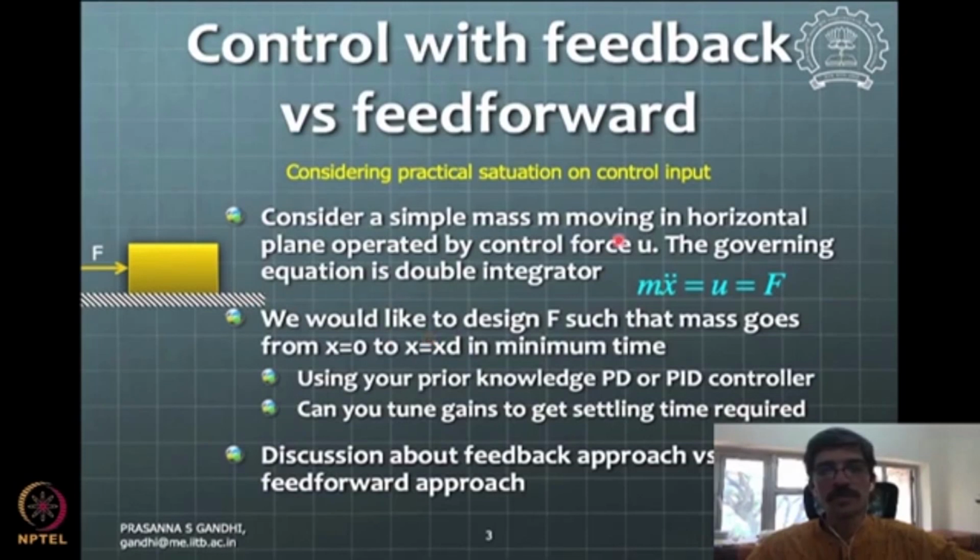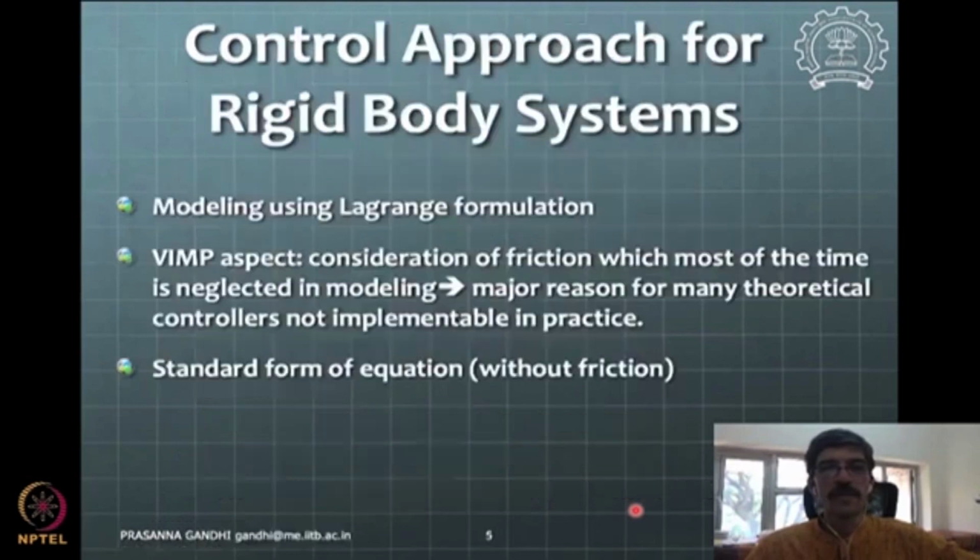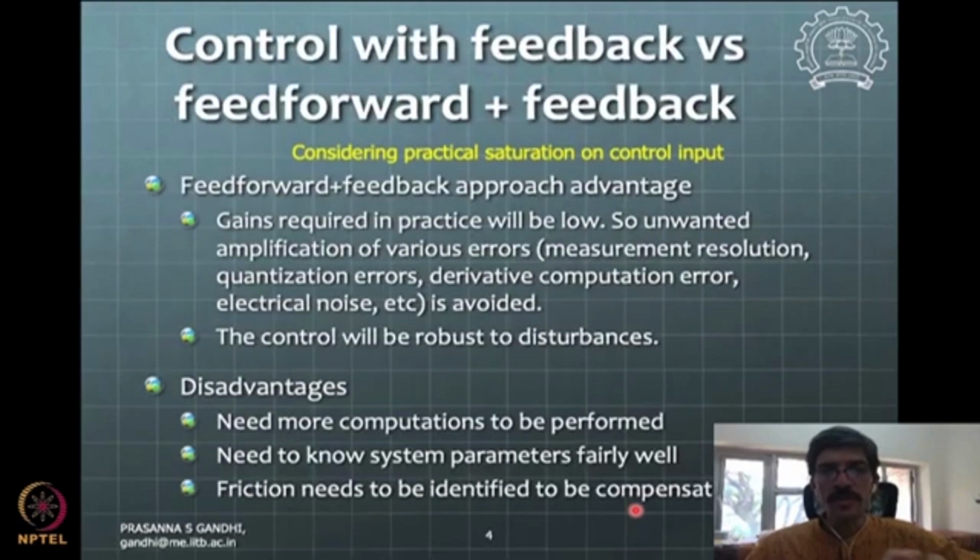So the better the estimation of the parameters of the system, the lesser will be the load on the feedback term in the control. And then you'll need to identify friction to compensate for friction in the feed forward way. This is an important consideration.